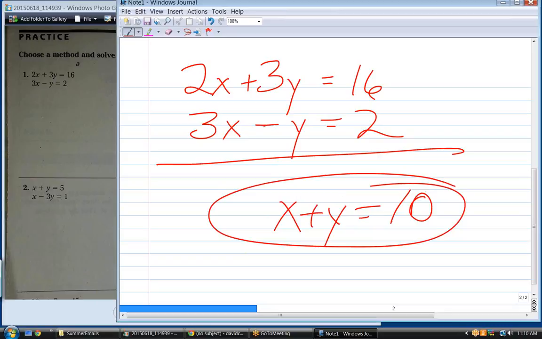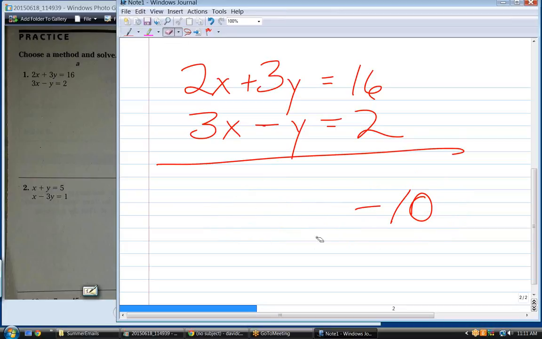There's an infinite number of solutions. X could be 1, y could be 9, x could be 2, y could be 8. And if you include negative numbers, x could be minus 2, y would be 12. So if I have only one equation and two variables, I cannot come up with an answer for x or y. But if I have two equations and two variables, I can do it.